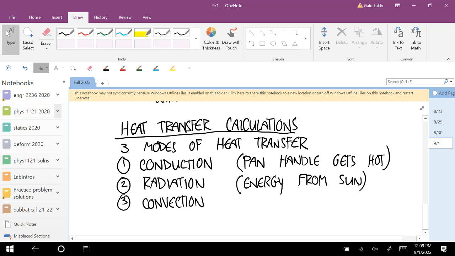And convection is like wind chill, as an example. Conduction is molecules, where the internal energy of a molecule is vibration of the molecule.